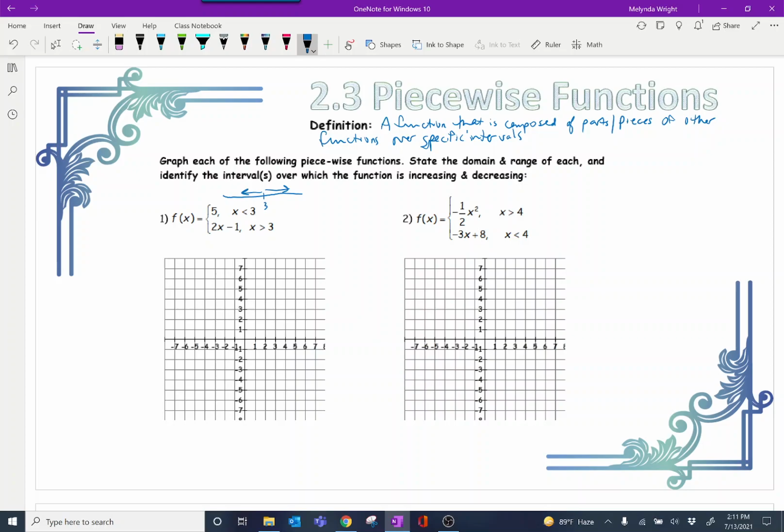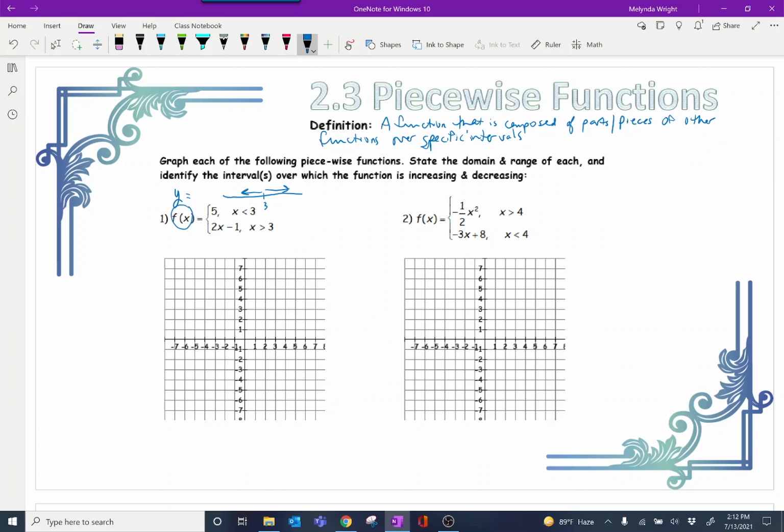Let's focus on the 3. Notice how there's no equal sign on either one of these. Let's do this one first. When x is smaller than 3, y is 5. Again, f of x is the same thing as y. Y equals 5.